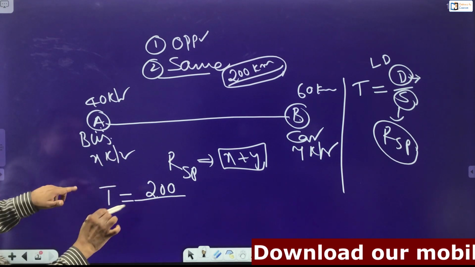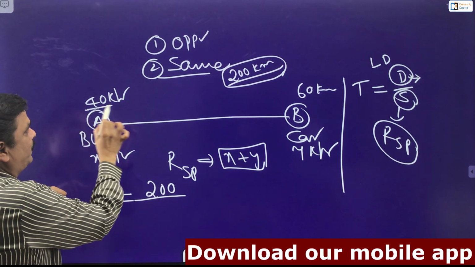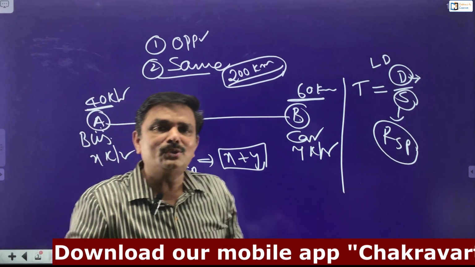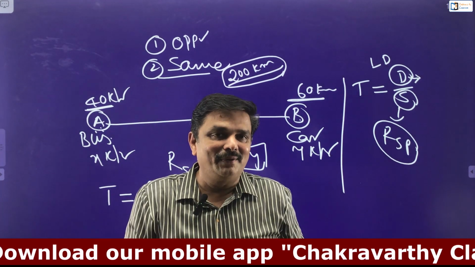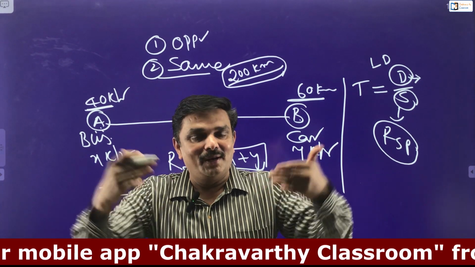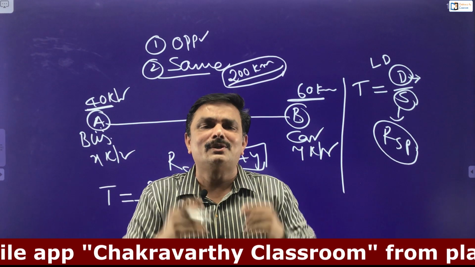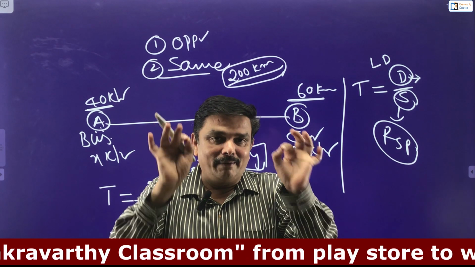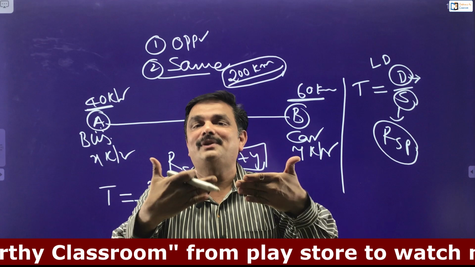Which speed do I have to take? Shall I take this 40 kilometers per hour alone or 60 kilometers per hour alone? The question is very simple. How can I take only one speed into consideration when both are coming towards each other? Simple common sense, right? We must say the speed is relative speed in the opposite direction.